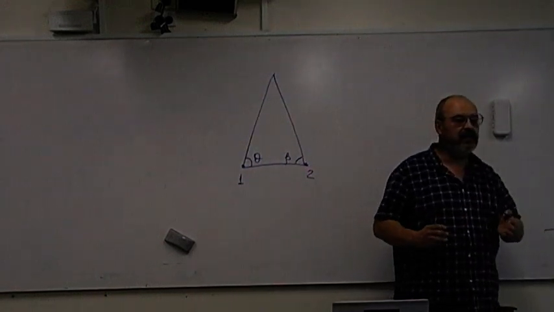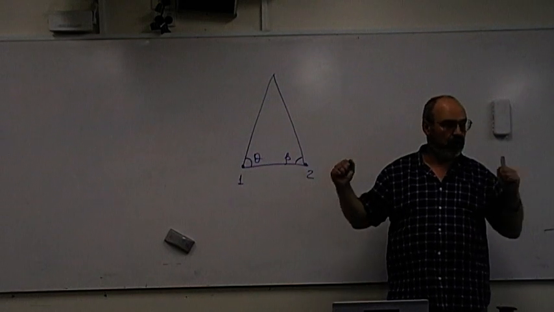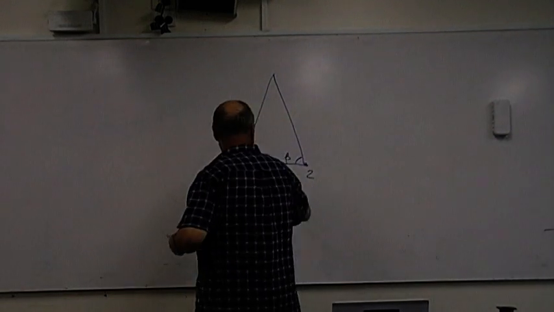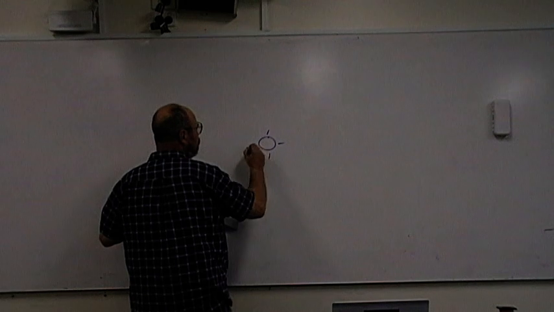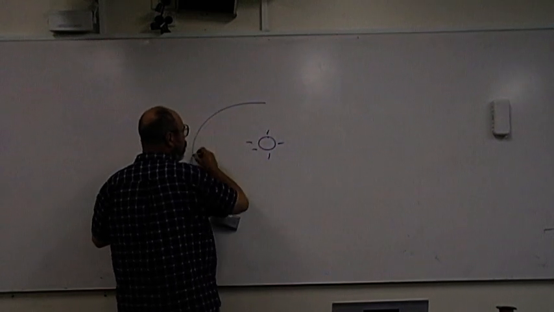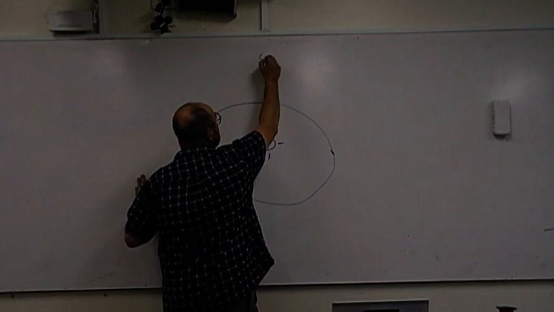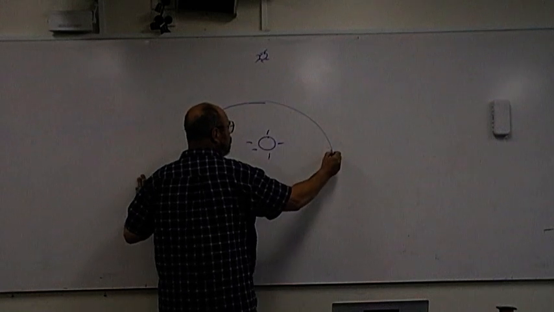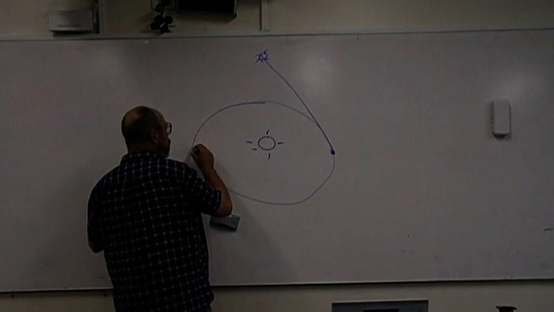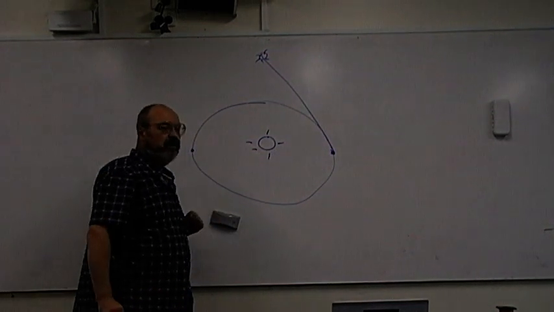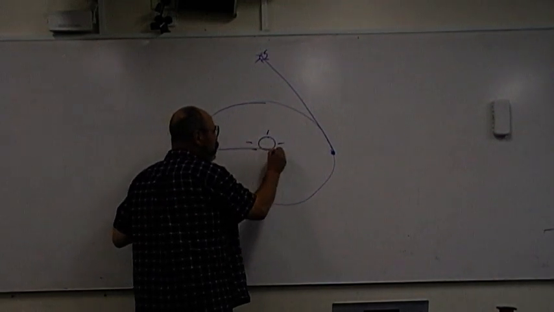So what was taken as this baseline was the diameter of the Earth orbit. So if this is the Sun, and we have Earth moving around the Sun, and we look to some distant star at one day, and then 6 months later, when we will be on the other end of the Sun orbit, what will be this baseline?